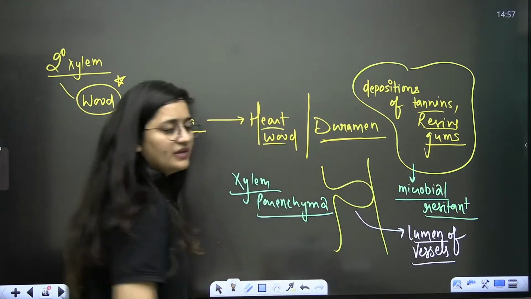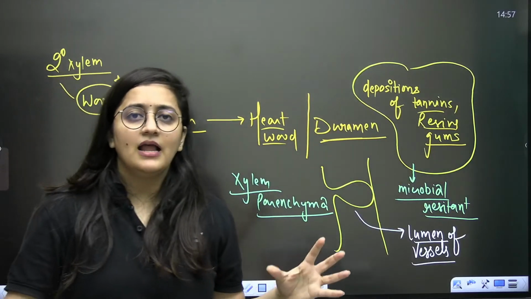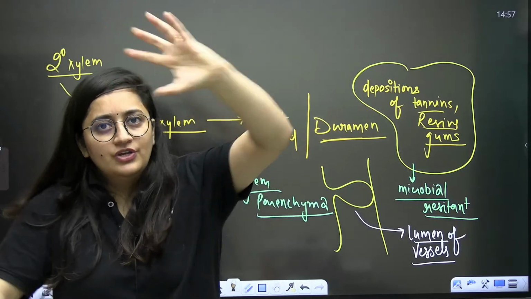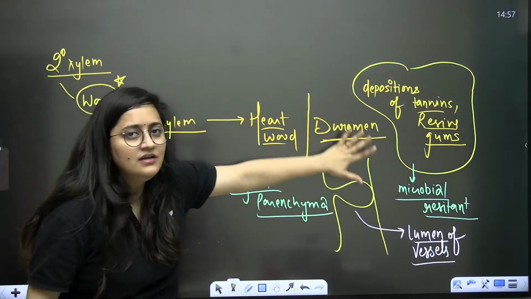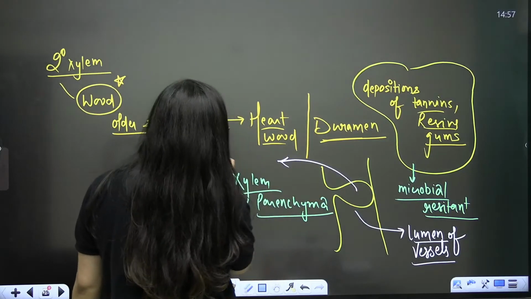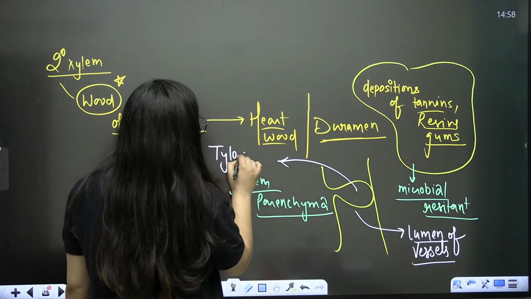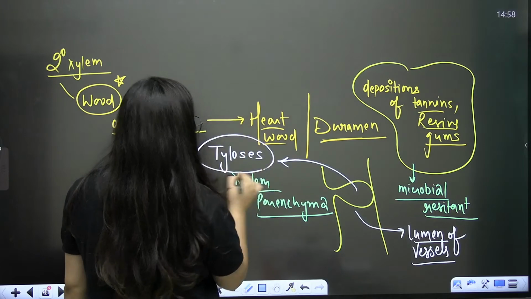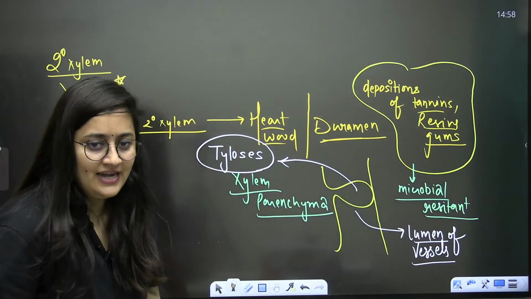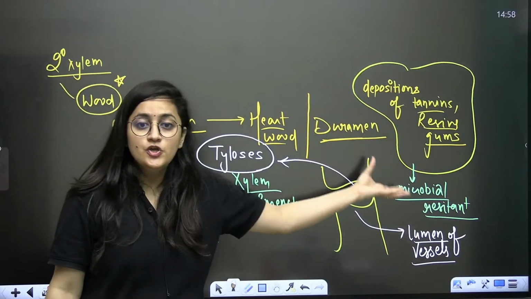Now depositions are there, and xylem parenchyma is showing outgrowths. Those outgrowths we are going to see in the lumen of the tracheary elements. These outgrowths are acting like a plug. We also use the word tyloses for it. These are the outgrowths present in the lumen of the xylem.